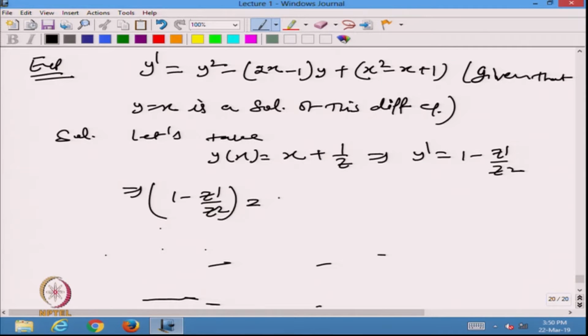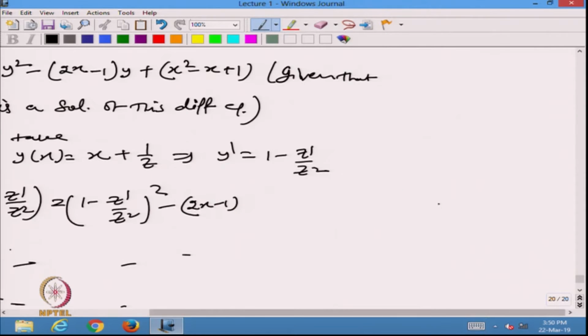It becomes (1 − z'/z²) = (x + 1/z)² − (2x − 1)(x + 1/z) + x² − x + 1. So, this is the equation we got.